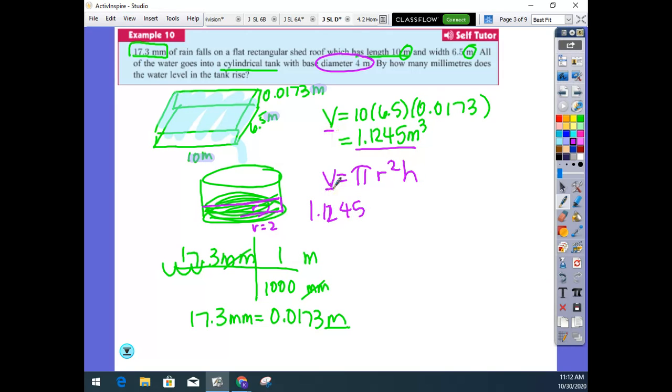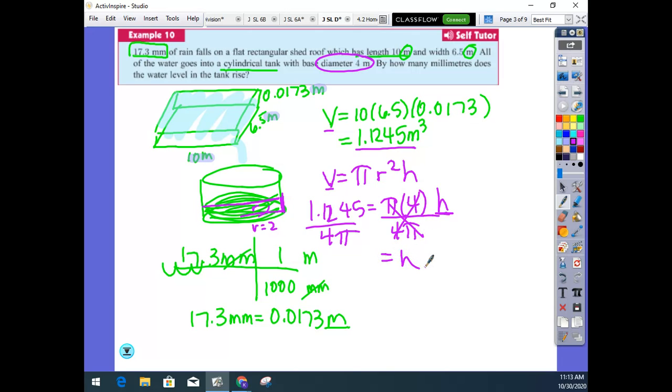The volumes are the same, so I can replace this volume in place of this volume. My radius is 2, squared is 4. Now I'm just solving for the height, so I'm going to divide by 4 pi to get h by itself.